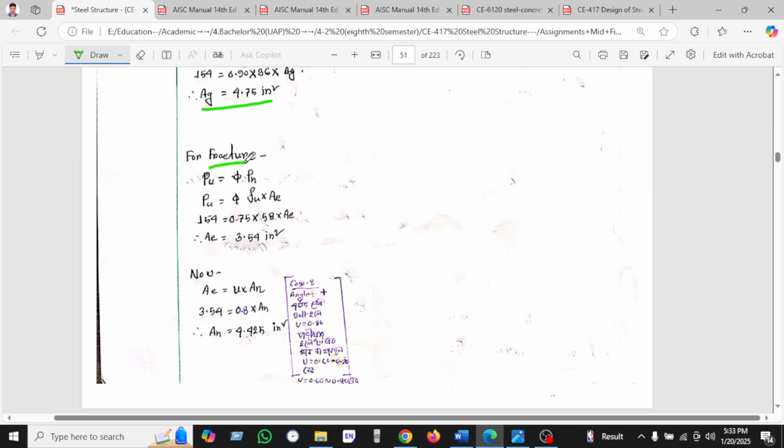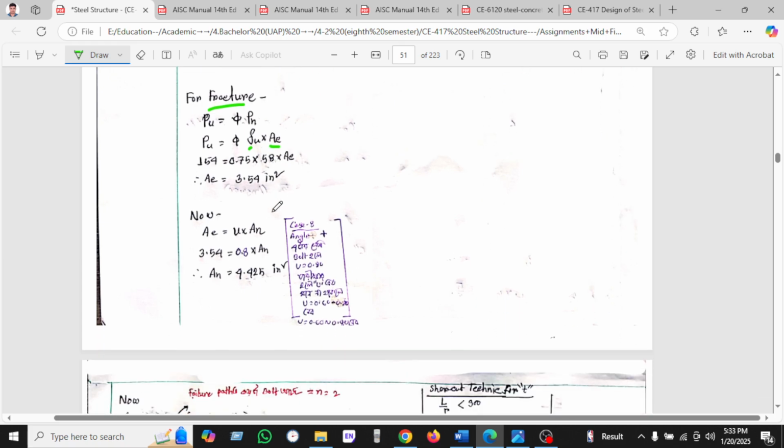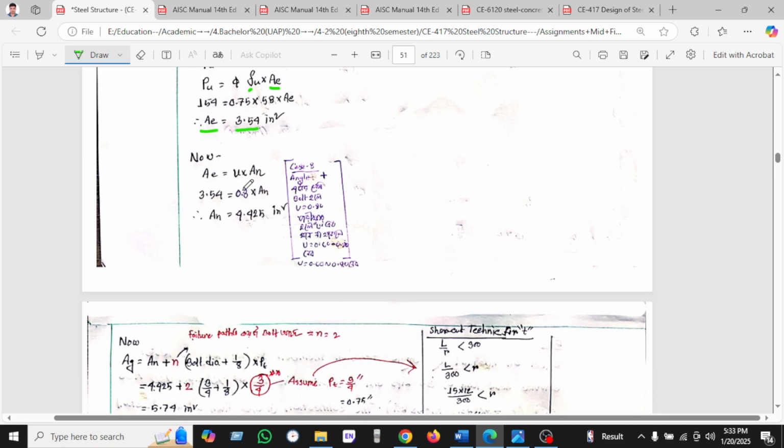For fracture, we use P equals phi Fu Ae, stress into area, and found Ae equal to 0.54. So now we use Ae equals U An and found An equal to 4.25.